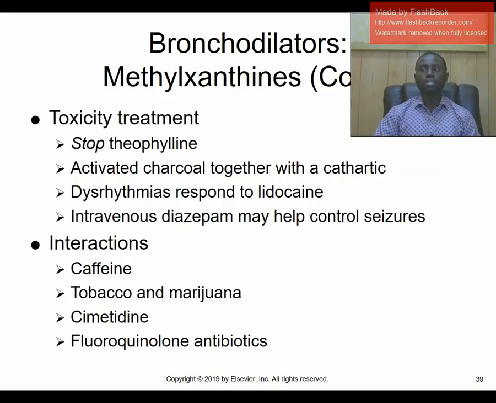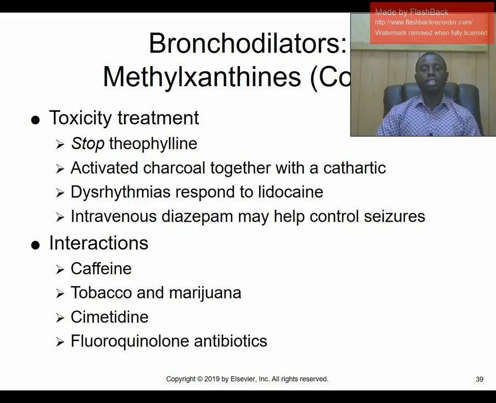Okay. If toxicity occurs during treatment, then you have to stop the theophylline and give the patient activated charcoal together with a cathartic.